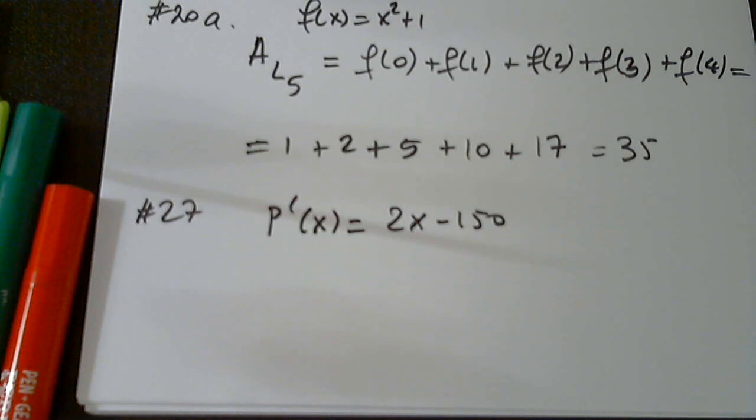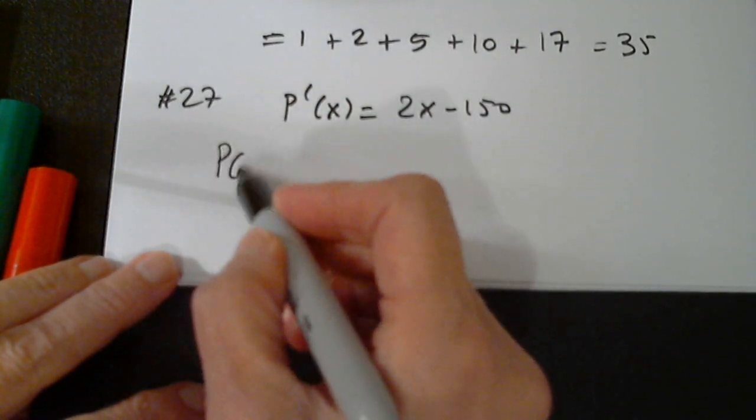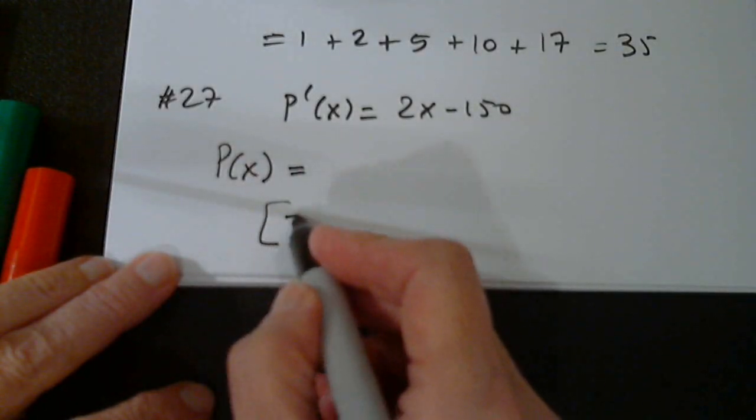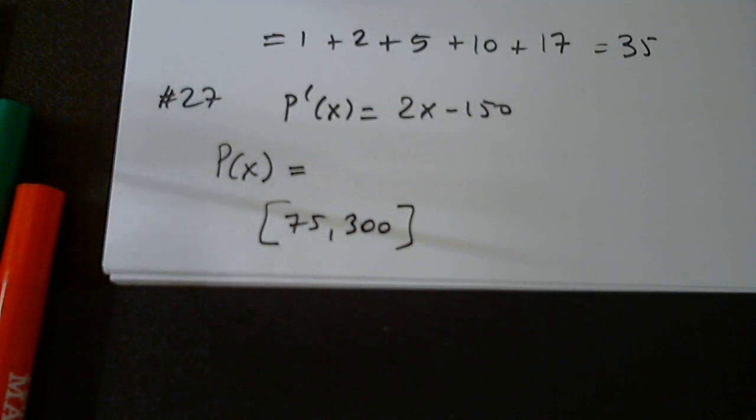So they're giving us a range of number of tickets between 75 and 300. Okay, so first of all, we have to find P of x, and then we have to look at the interval 75 to 300. But first we have to find the profit function.